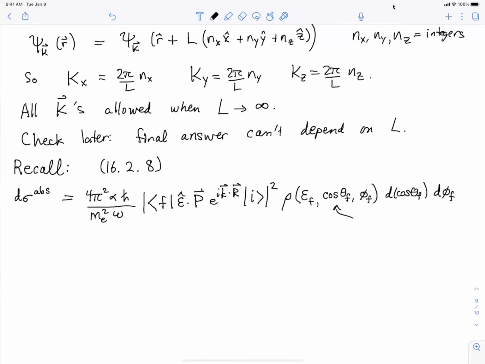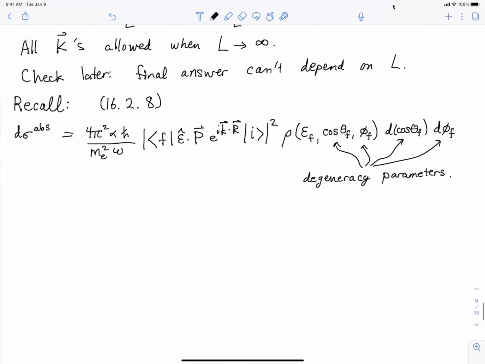Okay, and so what we've done here is we've recognized that in this particular example, these are the degeneracy parameters, which before we were generically calling U. Okay, and the reason they're the degeneracy parameters is that you get the same energy for a plane wave, regardless of which direction the plane wave is propagating.